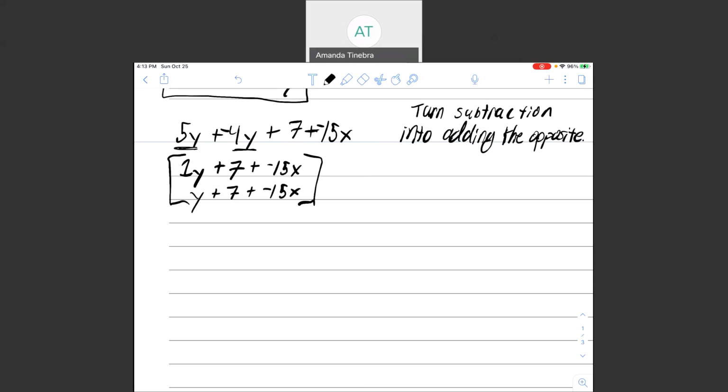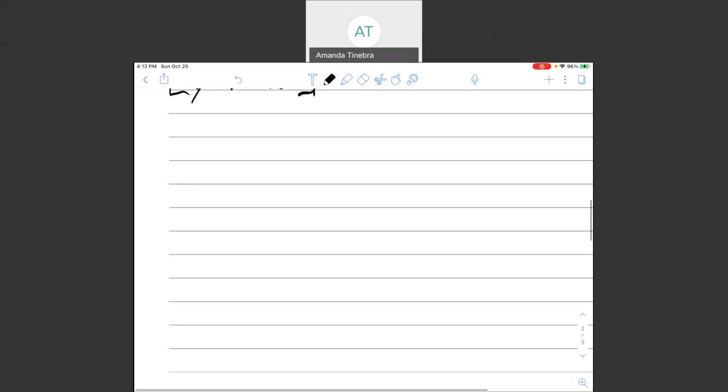Now, one thing that's really important when you're simplifying expressions is turning subtractions into adding the opposite. This is really important especially in longer, more complicated expressions. So let's say, for example, we have the expression negative 2 plus 5z minus 2, and then in parentheses, z plus 11.